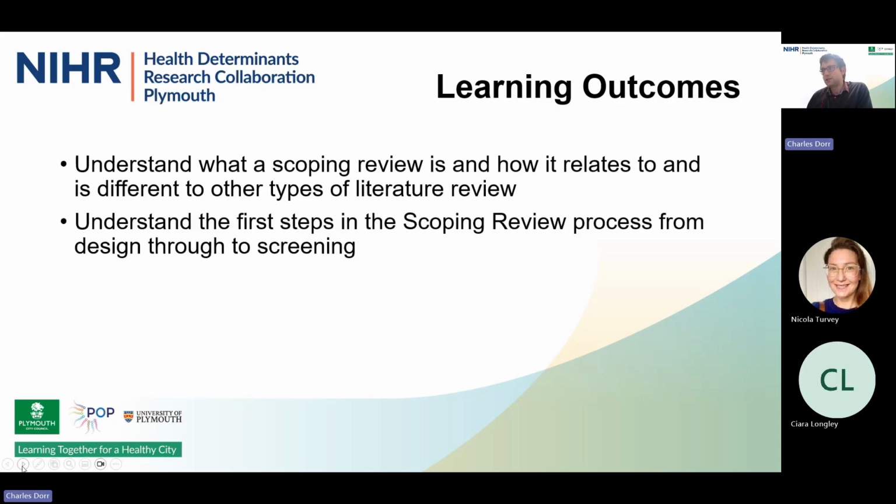Secondly, to understand the first steps in the scoping review process, from design all the way through to screening. And we'll cover a little bit of the last steps, but that'll be mainly left to another session. And then finally, I'll also include some information about where you can go for further details.